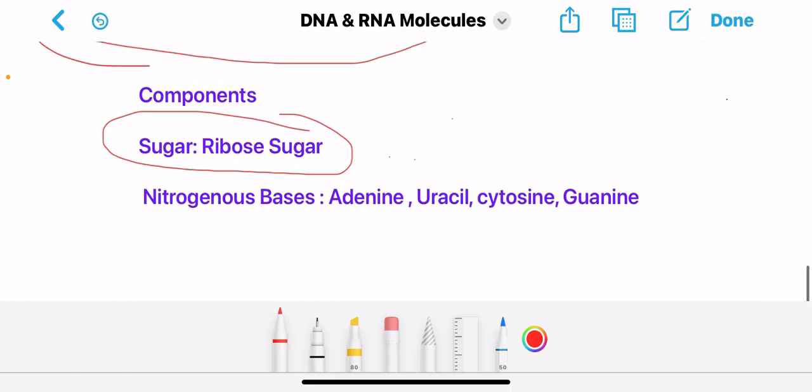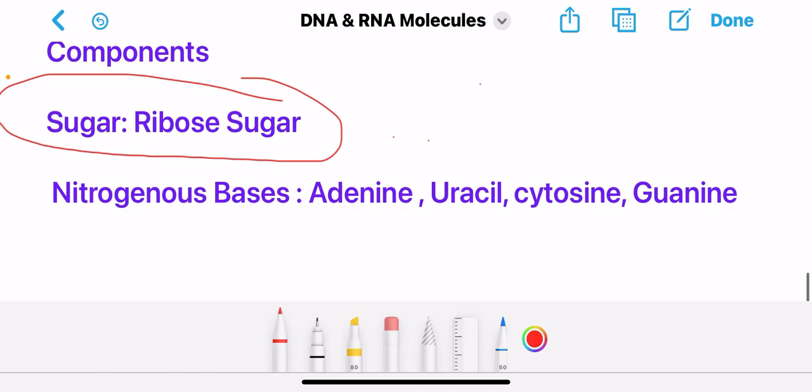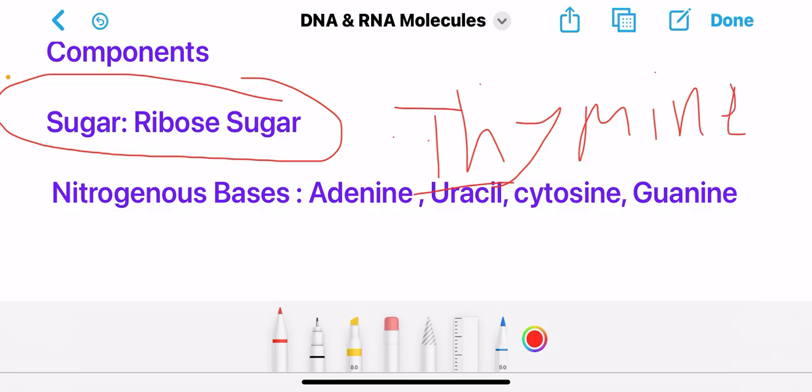Now we have the nitrogenous bases in RNA. The nitrogenous bases in RNA are adenine, uracil, cytosine, and guanine. Remember, in DNA we had thymine in the place of what? Of uracil.